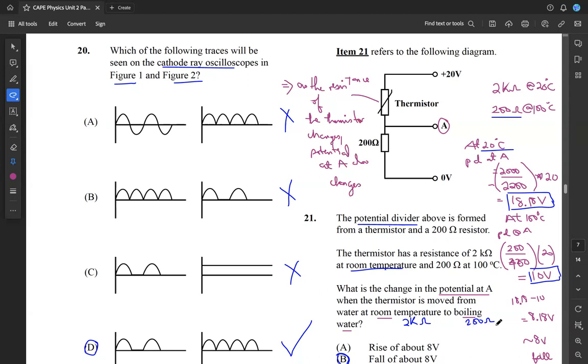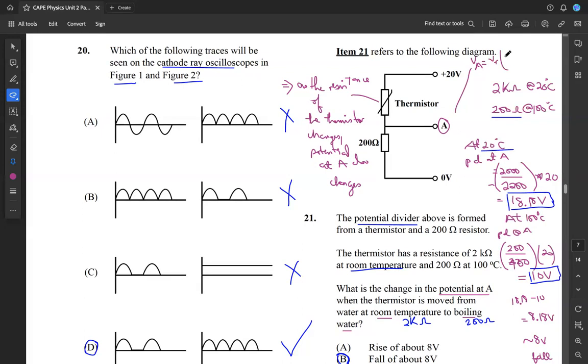To do that, we have to remember our potential divider formula, right? The voltage at a point A is going to be equal to the total voltage, which in this case would be 20, so that's V total, times the resistor in question.